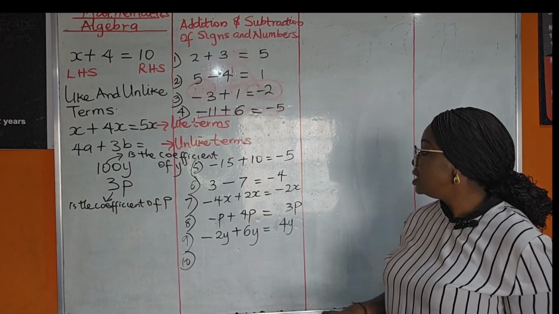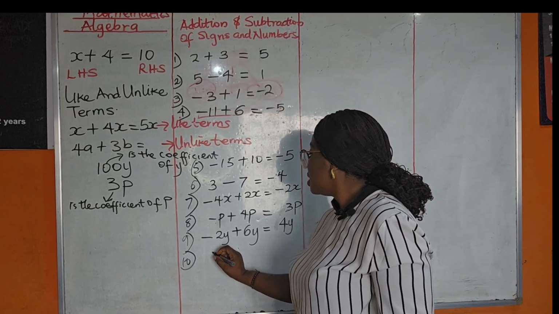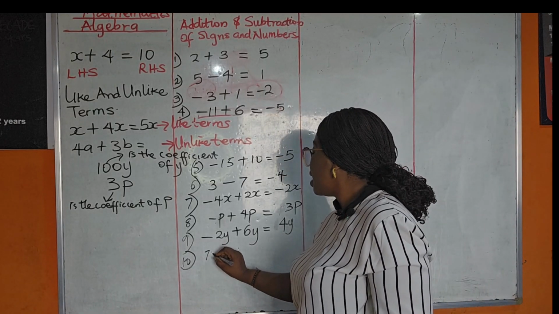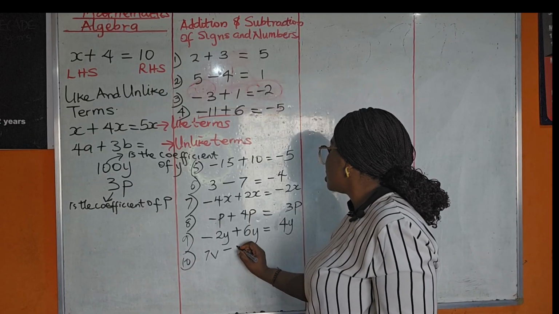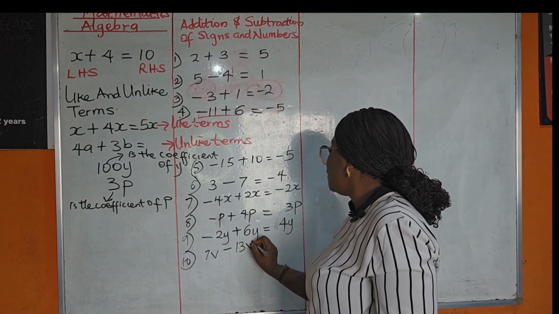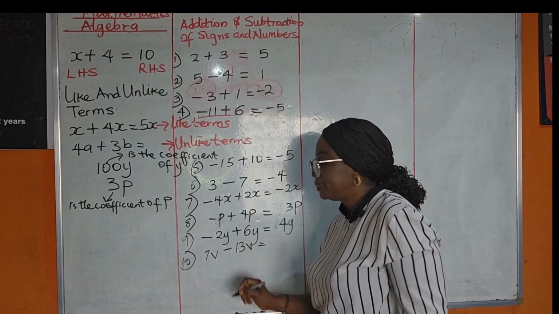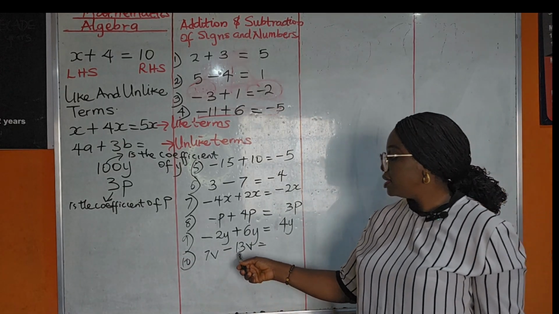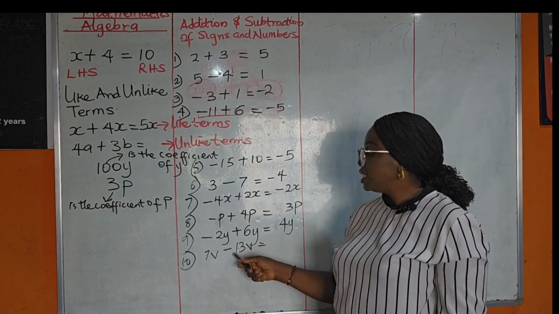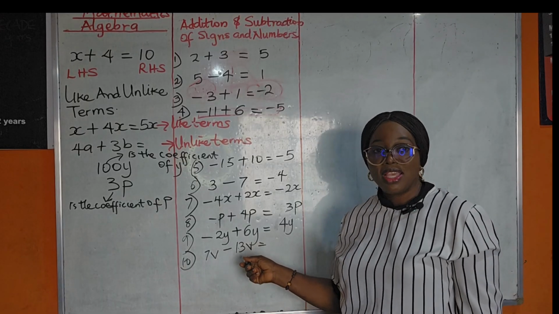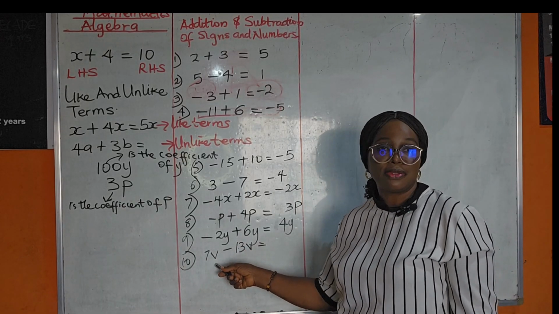So the last example we're going to look at before we close this, we're going to have something like this. 7v minus 13v. Look at this very well. The negative number, what you owe, is way bigger than the positive.